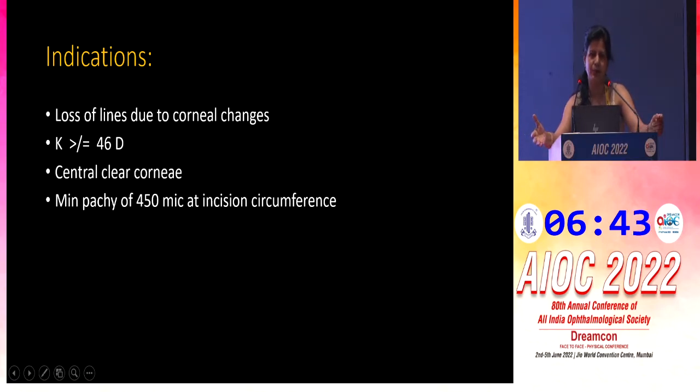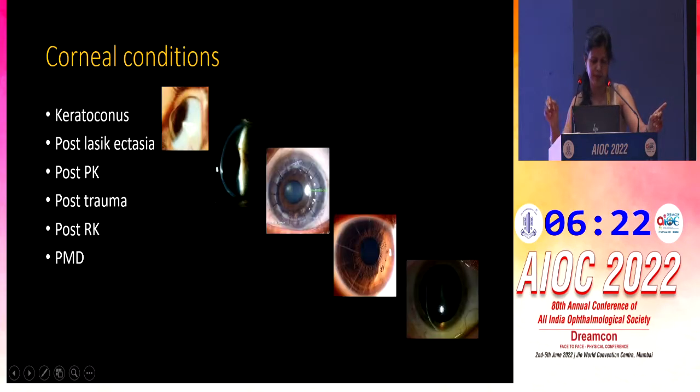Where the corneal dioptric value is more than 46 diopters, the central cornea is clear, so we're not talking about high drops or an opacified cornea. And then you need to have a minimal pachymetry of 450 microns at the region where you plan to insert the ring. So again, here we're not talking about the central pachymetry, but the mid-peripheral.